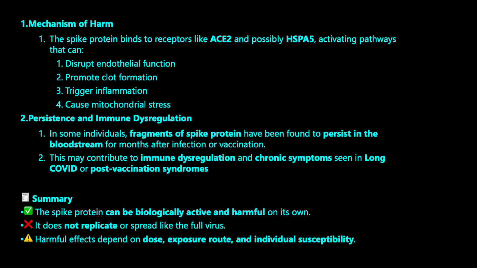Mechanisms of harm is due to the spike protein. The spike protein binds to receptors like the ACE2 and possibly the HSPAS, activating pathways that can disrupt the endothelial function, the function of the cardiovascular systems, the blood veins, arteries, and the lining that carries the blood. Okay, the pipes that carry the blood.